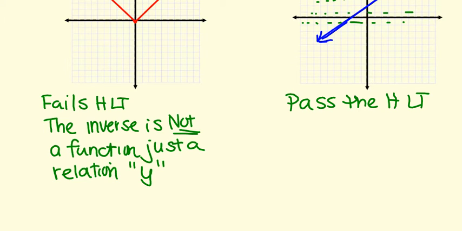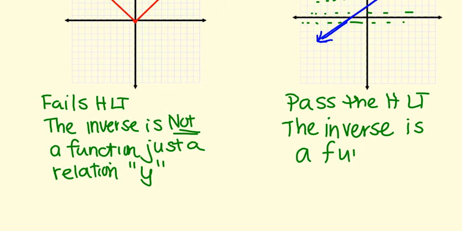And we've noticed that we replace the y with f inverse notation, and we can do that every time for all these linear functions if it passes the horizontal line test. So therefore, the inverse of this function is also a function. So we can use that f inverse notation. So we would replace that y with f inverse notation.